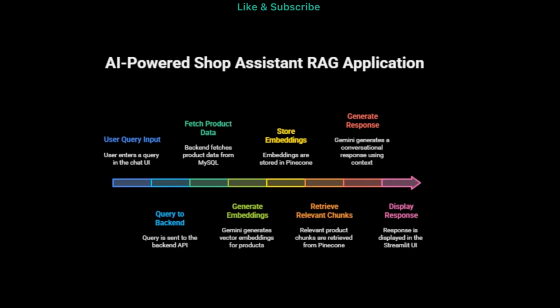Then this backend fetches product data from our MySQL database, which our embedding model, Google's Gemini embedding model, will turn into vector embeddings for all those products, and then we will store them in our Pinecone vector database. Then as per the query given by the user, we will retrieve the relevant product chunks from our Pinecone vector database.